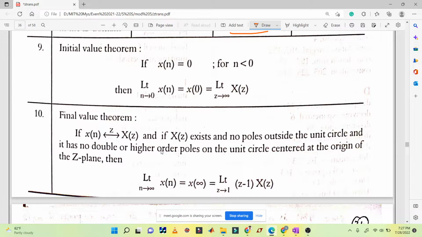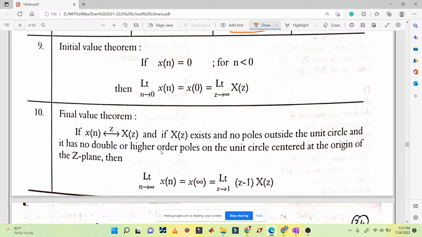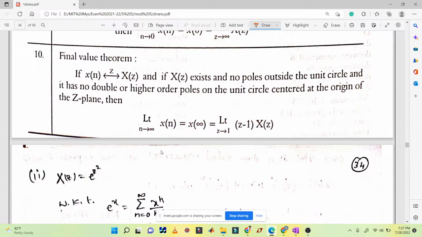The initial value theorem is to find the starting point of a sequence, what the initial condition was. The final value theorem states the final condition of the sequence, what value it will take at the end. Okay, is that clear?